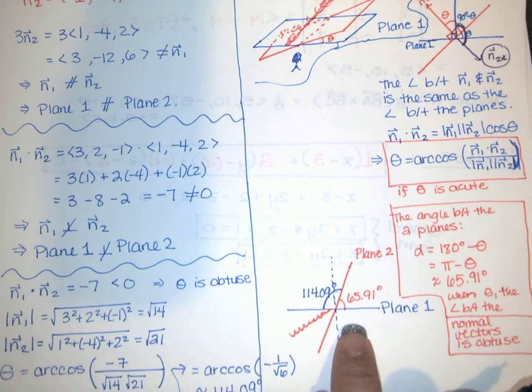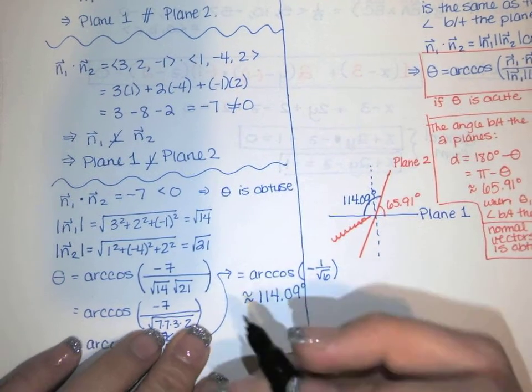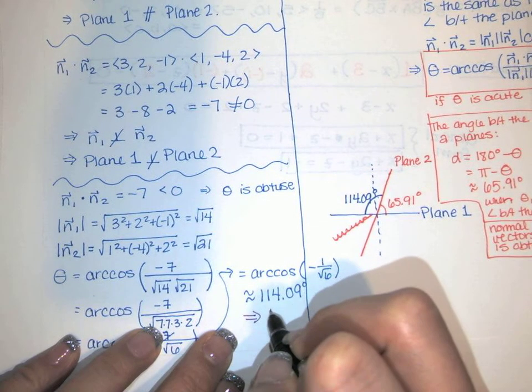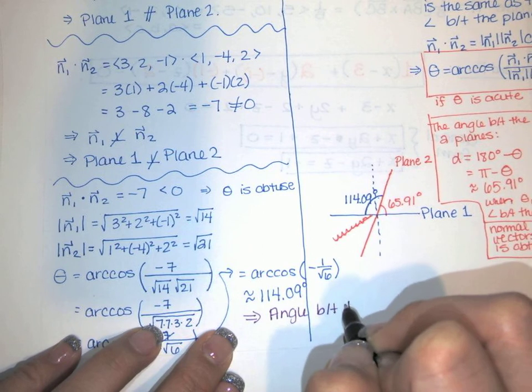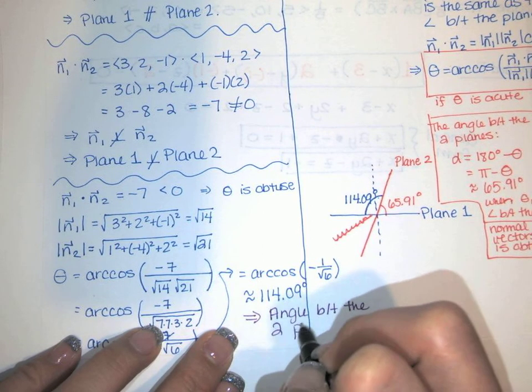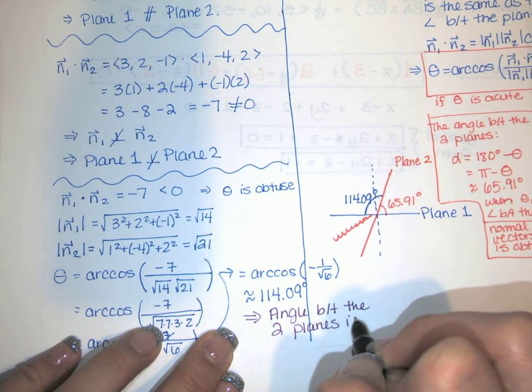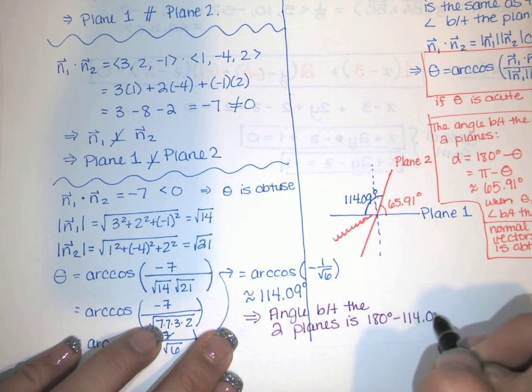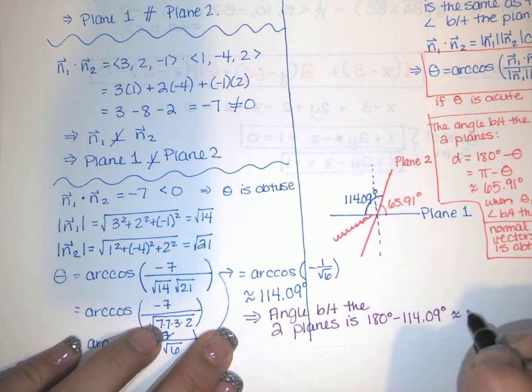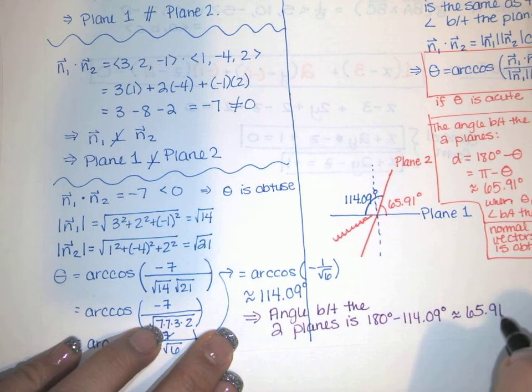So the angle between the two planes in this case is not that, but it's 180 minus that obtuse angle, which is about 65.91 degrees.